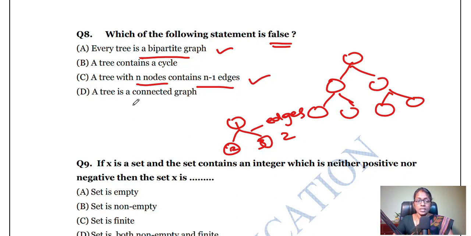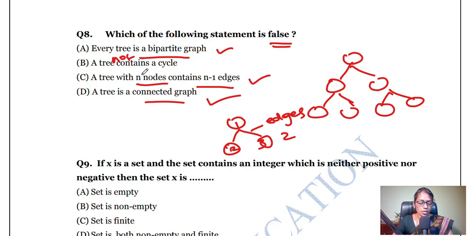The next one, the exact definition: a tree is a connected graph. Connected graph means it should connect all the vertices. A tree should not contain a cycle.